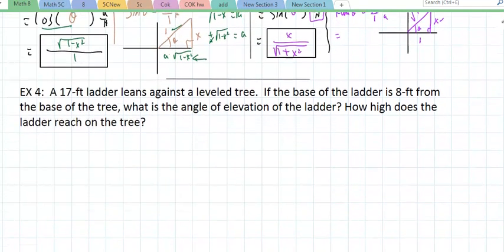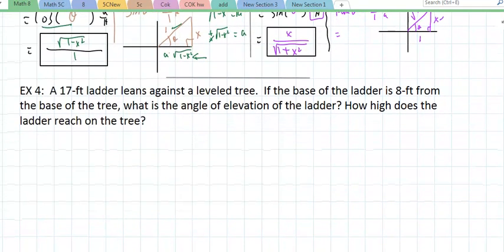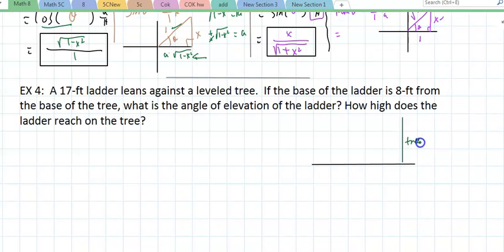And a quick problem. A 17-foot ladder leans against a tree. Let's say the tree is right there, and let's say the ladder is right there.